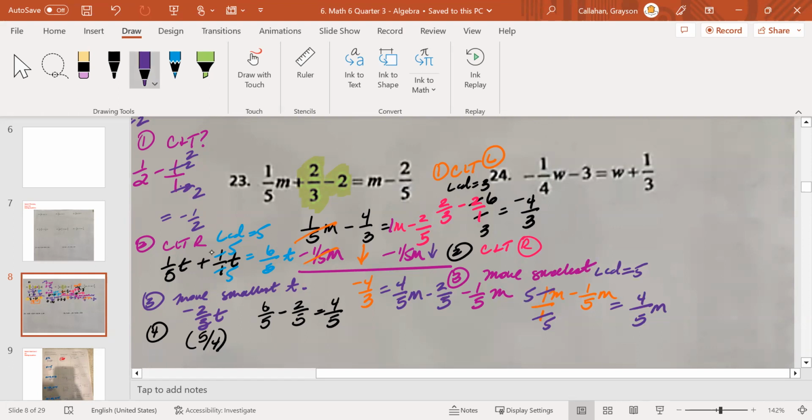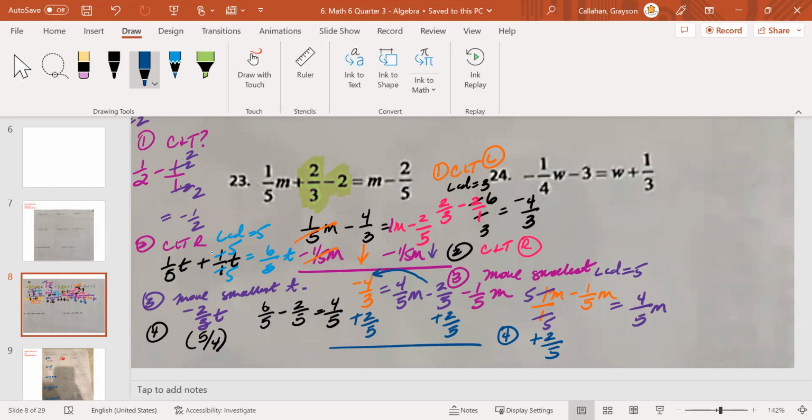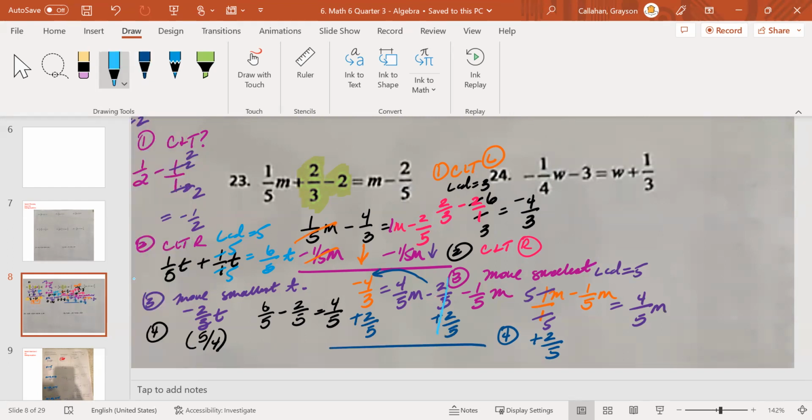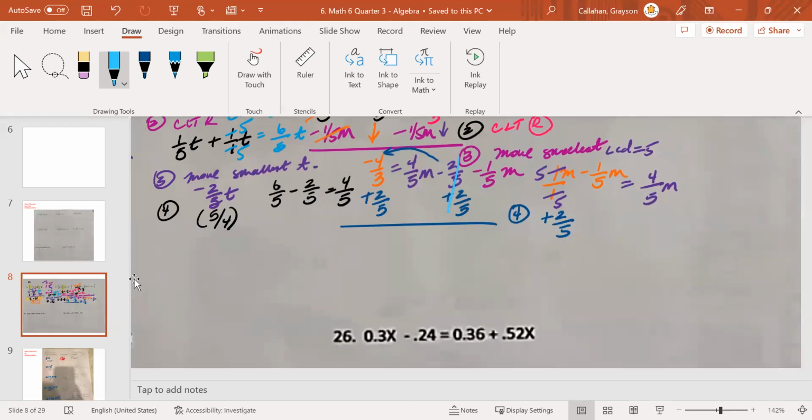Your fourth step is going to involve, since you only have 1m now, you got to move the negative 2 over 5 to the left side. Opposite of a negative 2 over 5 is a positive 2 over 5. So then at this point, 2 over 5 minus 2 over 5 cancels.